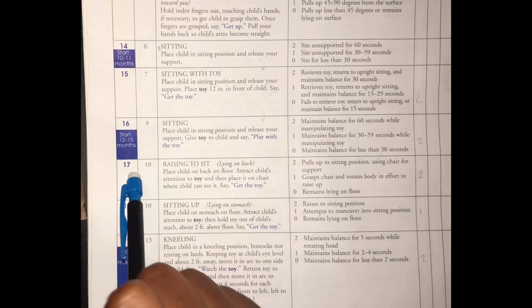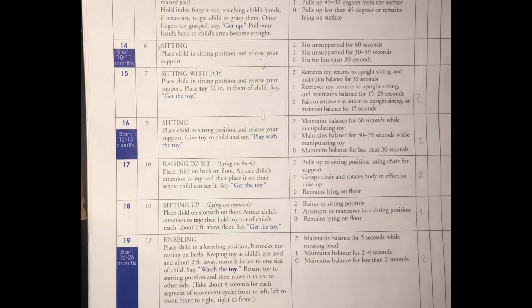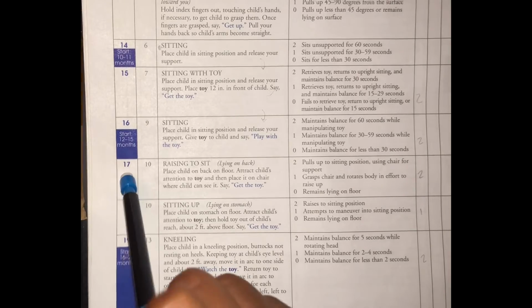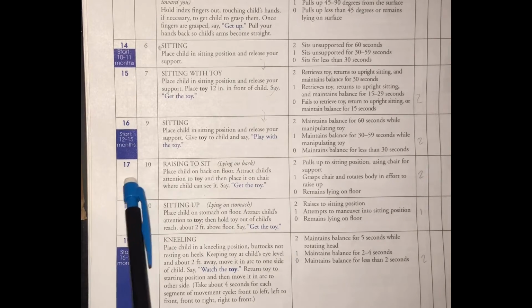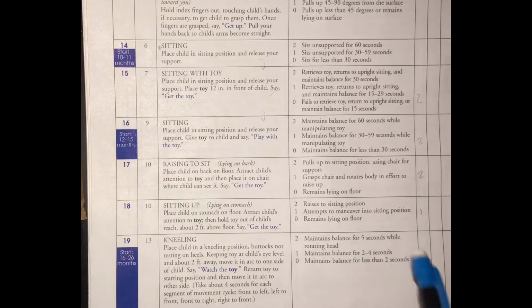So you're going to multiply 17 by 2. The reason we do this is because we would assume they could complete every item prior to item number 17. So that would mean they would be able to move through each item receiving a 2. That's what we're assuming. So when you multiply by 2, you get 34.